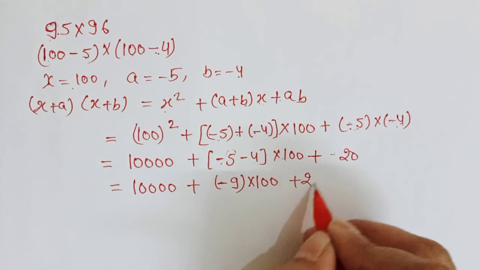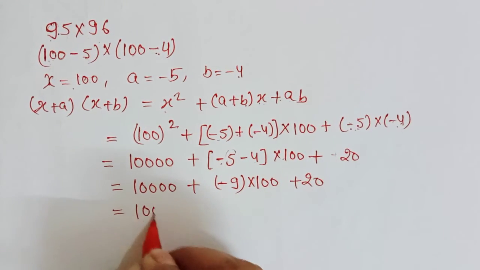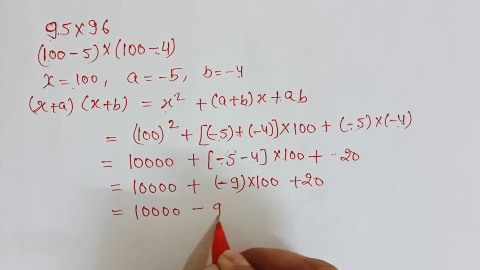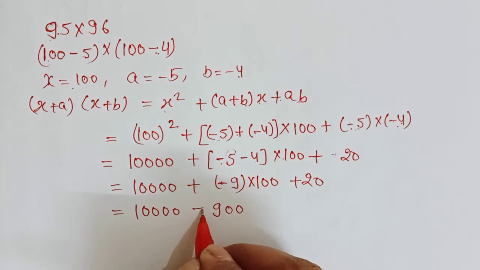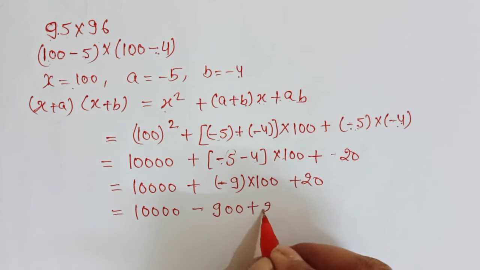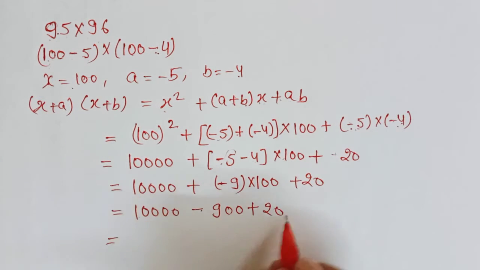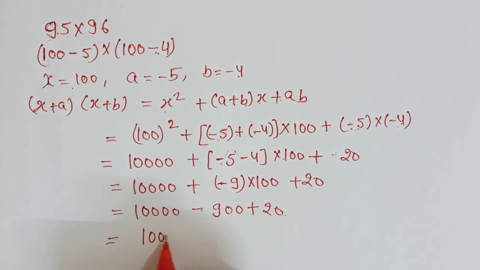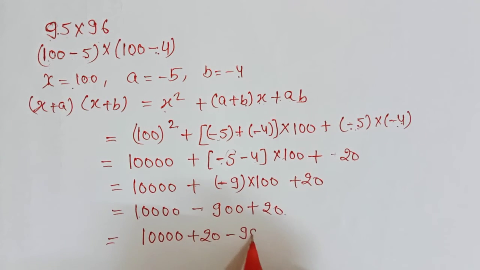plus 20. Now calculate. 900, plus minus will become minus, and 20. You have to add the positive numbers first and then subtract the negative number.